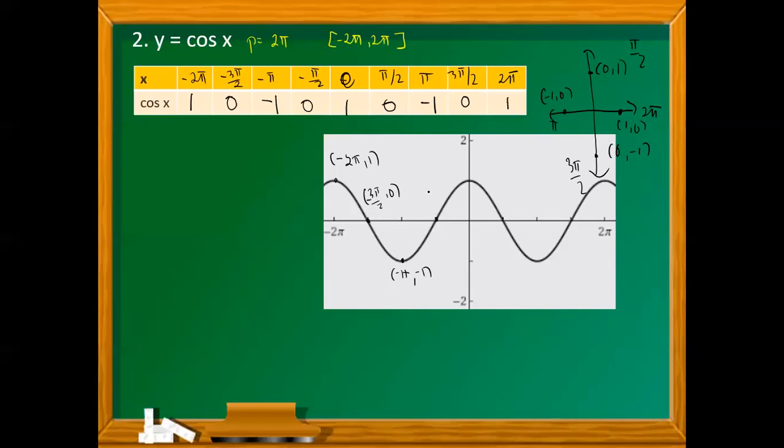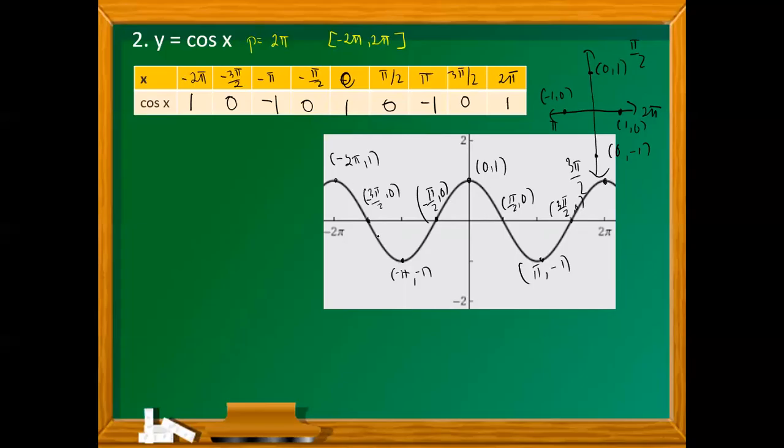This is negative pi over 2, 0. And then we have 0, 1 here. And then pi over 2, 0. Pi, negative 1. And then here, 3 pi over 2, 0. And lastly here, 2 pi, 1.